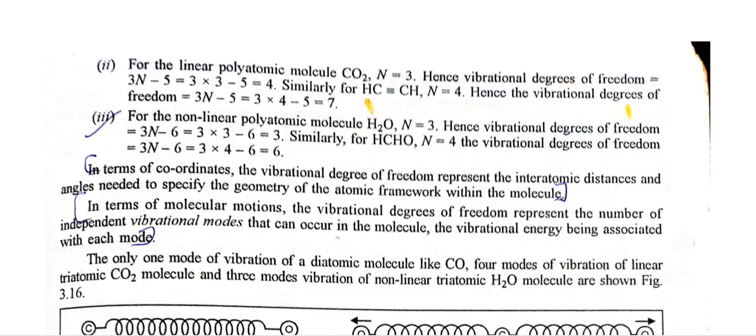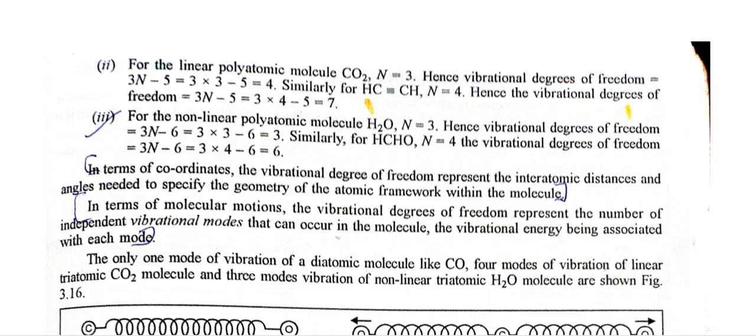Similarly, for HCCH, n is equal to 4. Vibrational degrees of freedom is equal to 3n minus 5, 12 minus 5, equals 7. For the non-linear H2O, n is equal to 3, hence vibrational degrees of freedom is 3n minus 6, equals 3. Similarly, for HCHO, n is equal to 4, 3n minus 6, or 12 minus 6, is equal to 6.